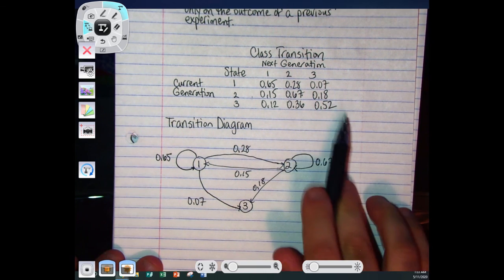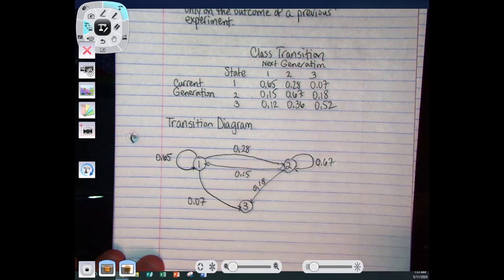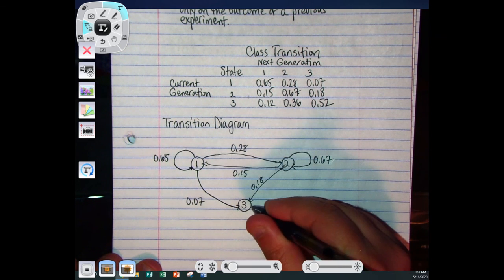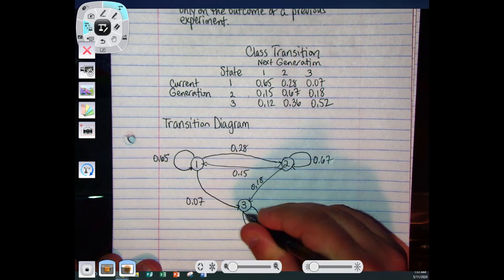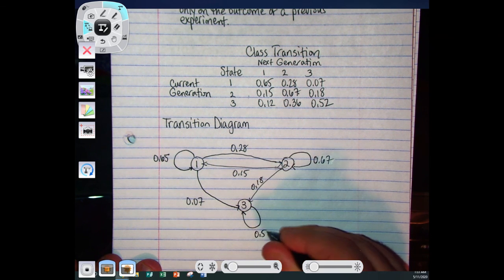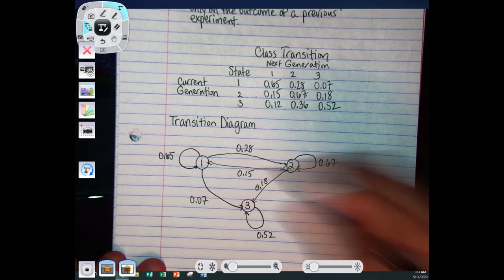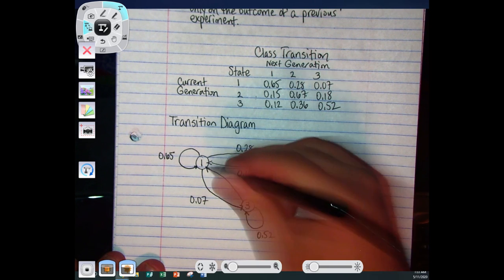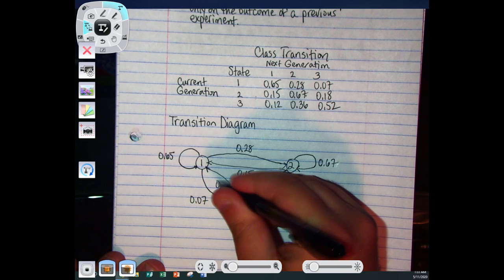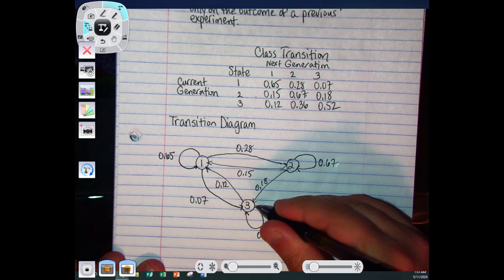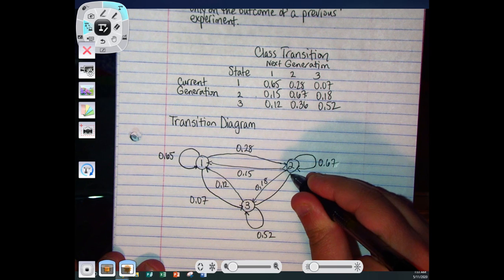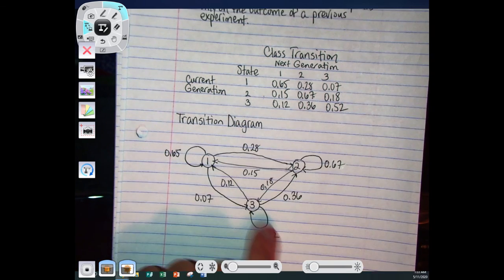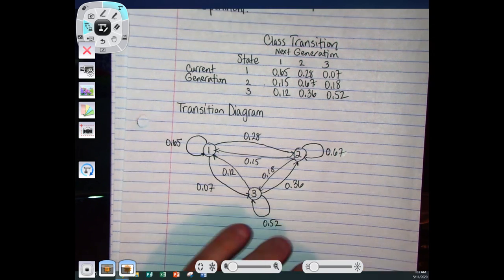And then we would do the same thing for 3. So to go from 3 to 3, it's a 0.52 probability. To go from 3 to 1, it's a 0.12 probability. And to go from 3 to 2, it's a 0.36 probability. So this is an example of what our transition diagram would look like.